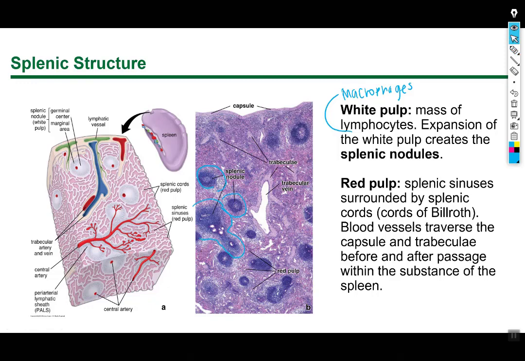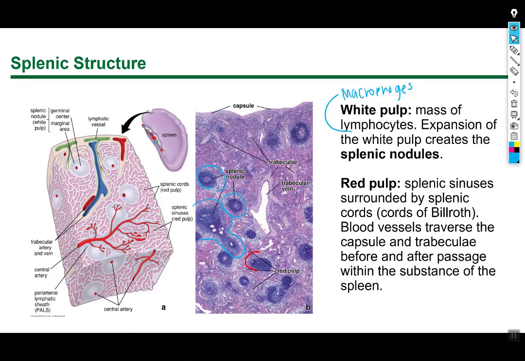The red pulp basically occupies the spaces between the white pulp. So you can see it's reddish in color because it's very rich with blood. And it's surrounded by splenic cords, also called the cords of Billroth. So basically just tissue surrounding these pulpy areas. This is a very blood-rich area.